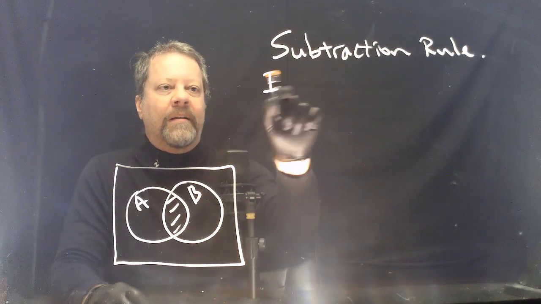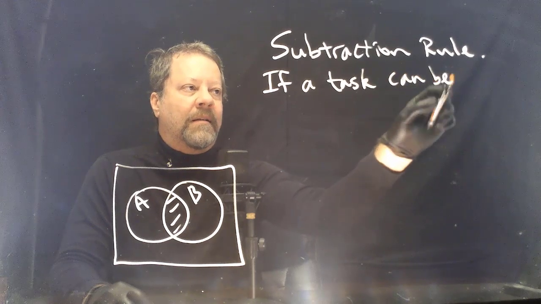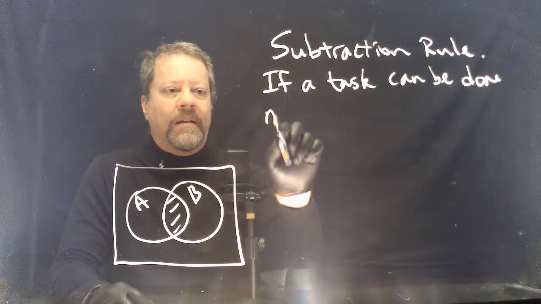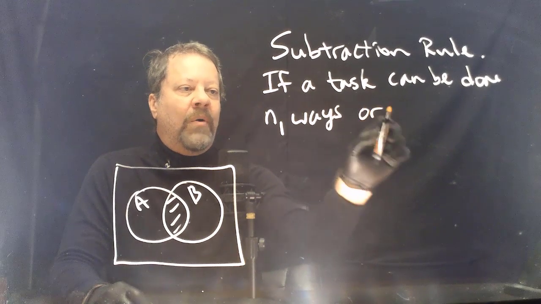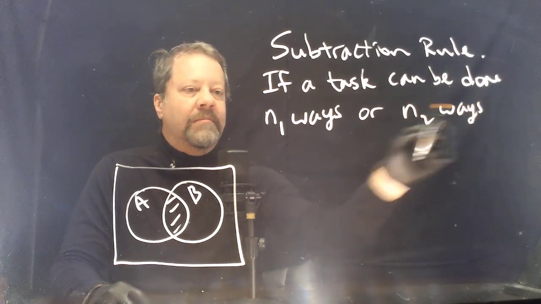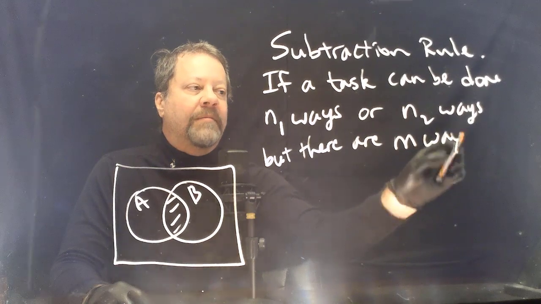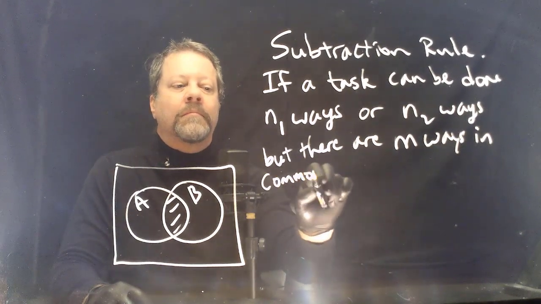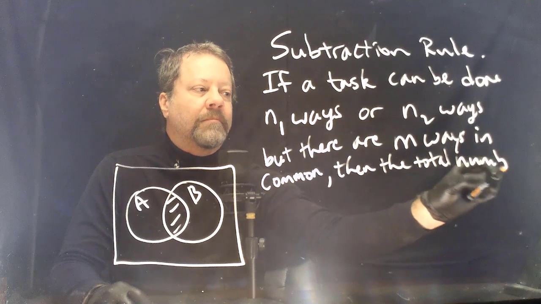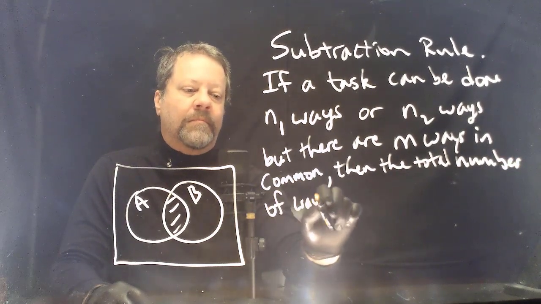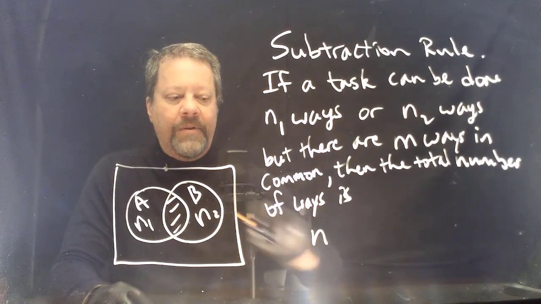If a task can be done in one way or in two ways, but there are m ways in common, then the total number of ways is, well, let's suppose you have n1 over here and n2 over here.